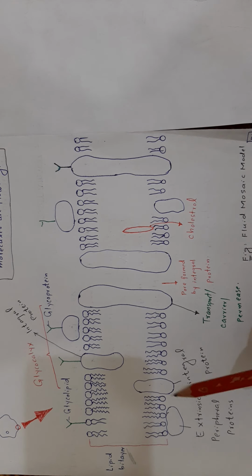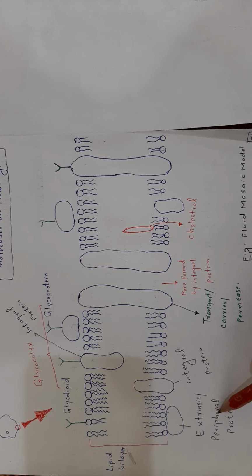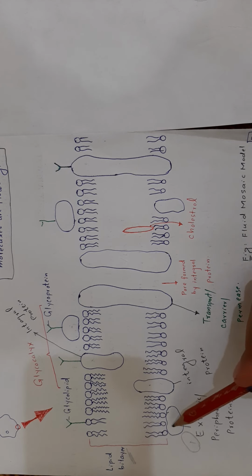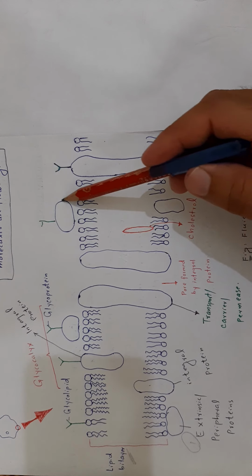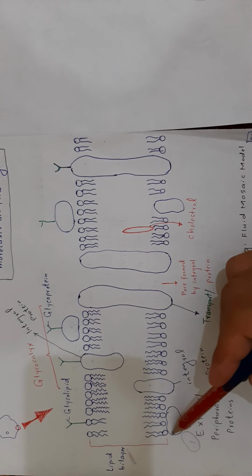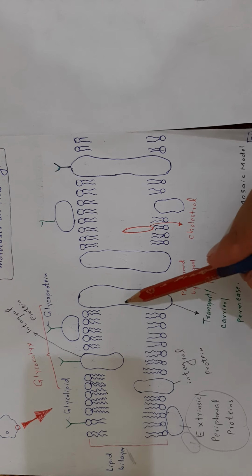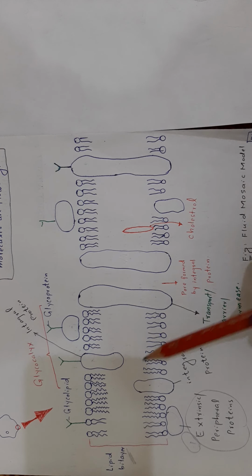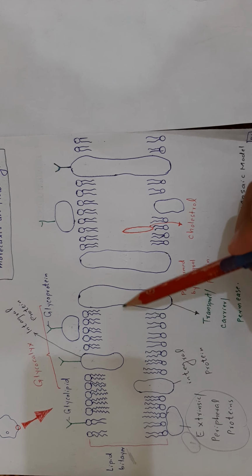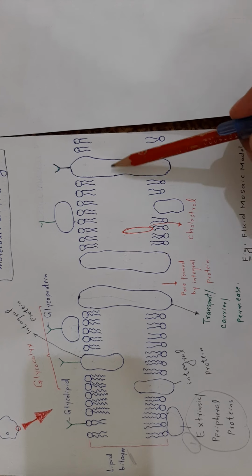There are two types of proteins: extrinsic or peripheral proteins, which are present on the surface of the lipid bilayer. This is extrinsic protein or peripheral protein, right? While these are integral or intrinsic proteins. Some are partially embedded while some are wholly embedded.